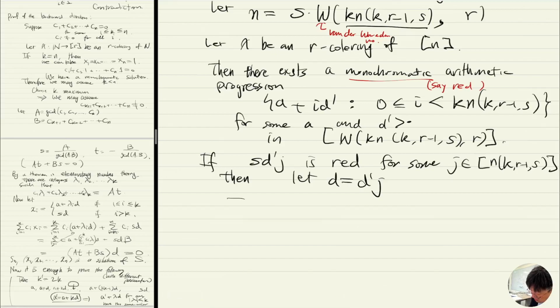Now then sd and a plus i d for all i from 0 to k have the same color.